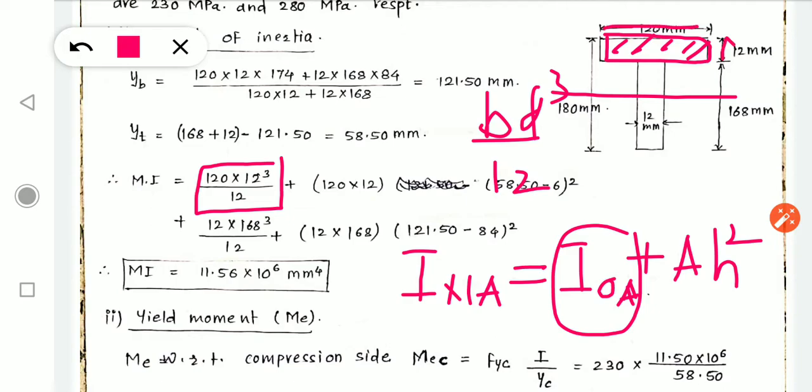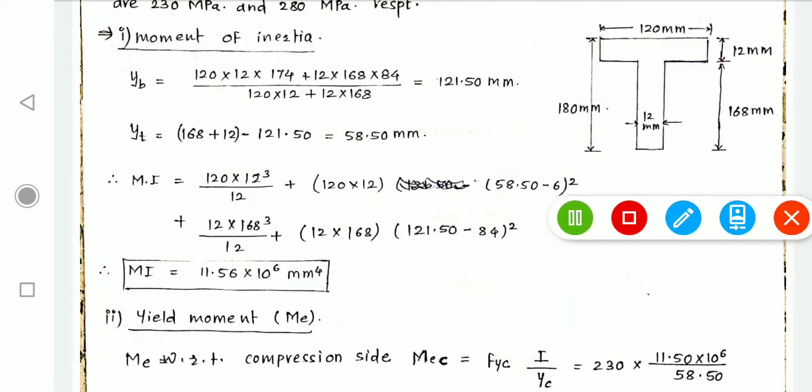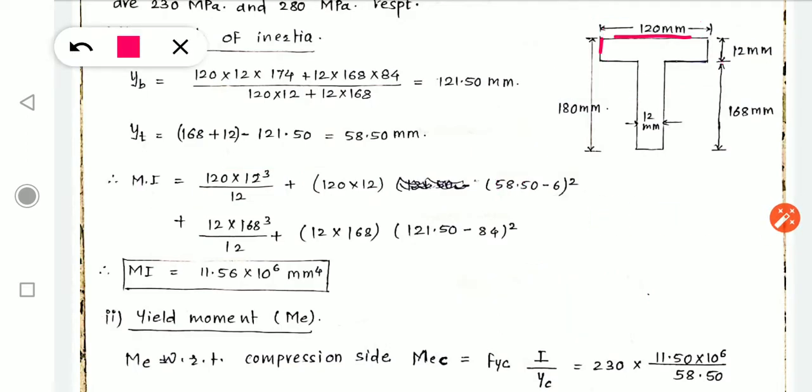Understood? Then we have to take the area. What will be the area? 120 into 12. So I have written 120 into 12. Now the only remaining part is h square. How to locate h square? See over here. This is our rectangular part on which we are working, and this is our neutral axis.